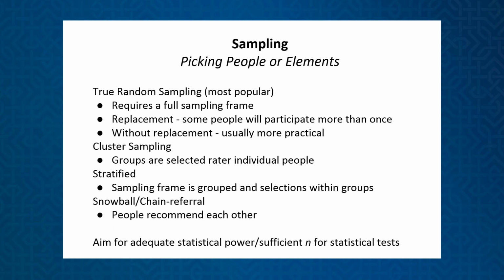For example, cluster sampling, where instead of the person as the element to get picked, the cluster or group becomes the element. If you were going to canvass a particular zip code, you might do cluster sampling by block, where you'd have one block and everybody that lives in that block would be asked to participate, and people in the neighboring blocks would not necessarily be asked.